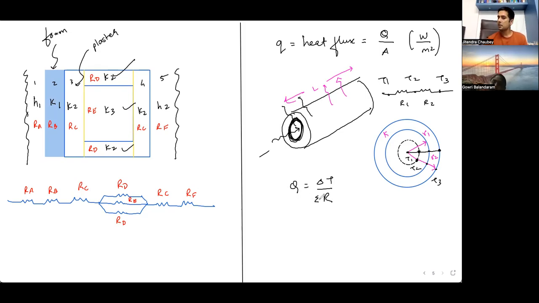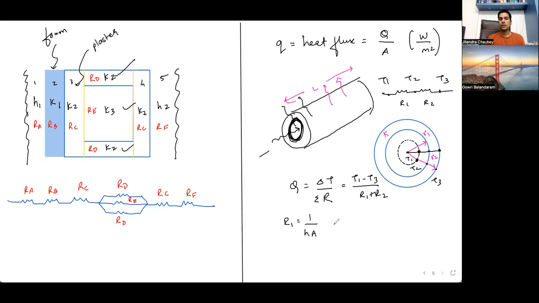So what would be the heat transfer rate formula? Q equal to delta T upon summation R, which can be written as T1 minus T3 upon R1 plus R2, as we studied earlier. R1 is for convection, so the formula is 1 upon hA.